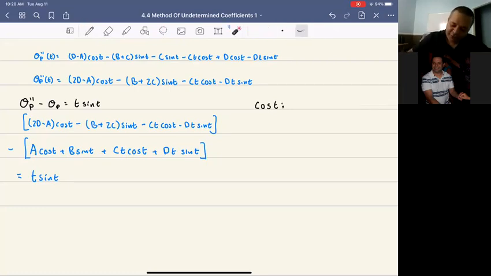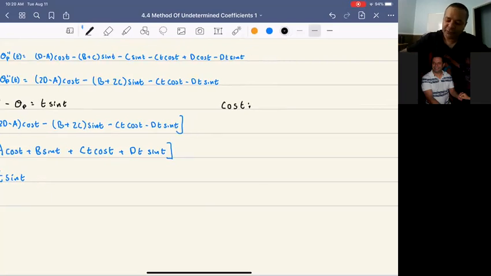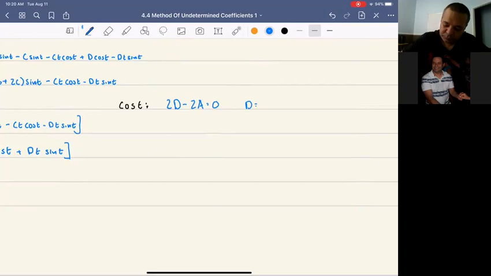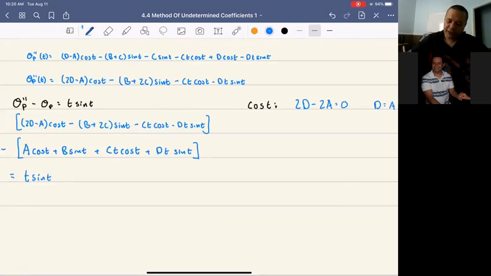Where's all the cosines? I have 2d minus a, and I have another a here, right? So I have 2d minus 2a equals 0. So that means d and a are going to be equal, right?